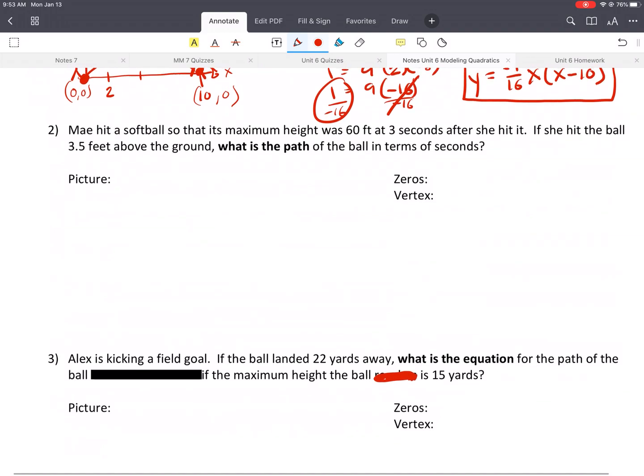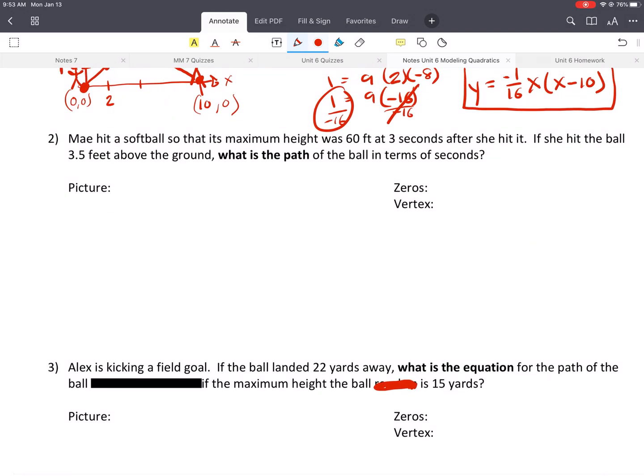All right, so let's try another one. It says, May hits a softball so that its maximum height is 60 feet at 3 seconds after she hits it. So we want to come up with May. After 3 seconds, the ball is 60 feet in the air.